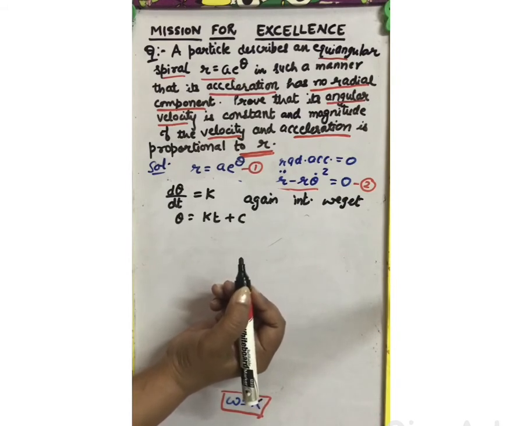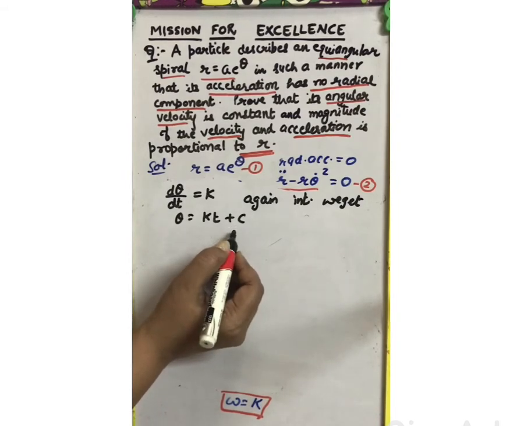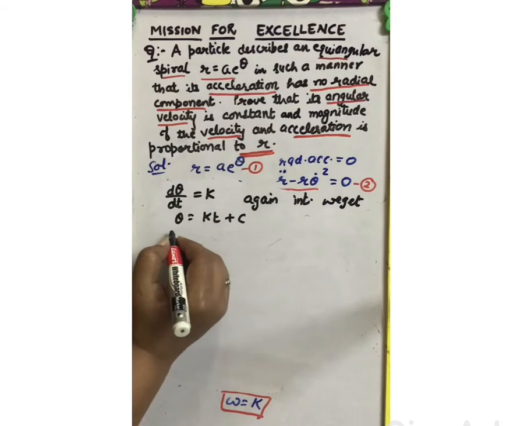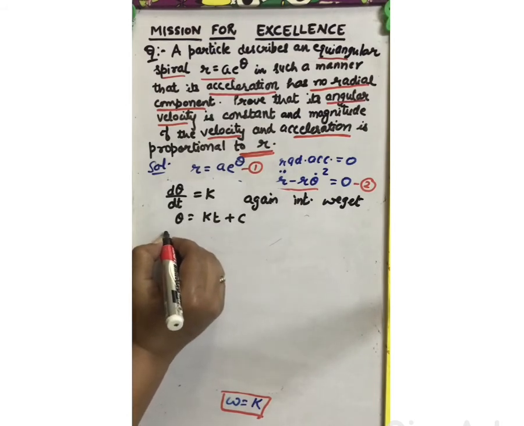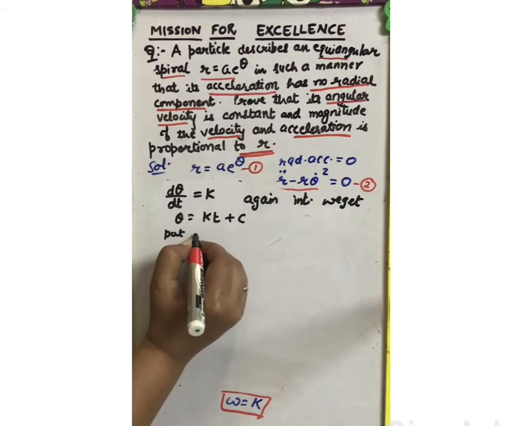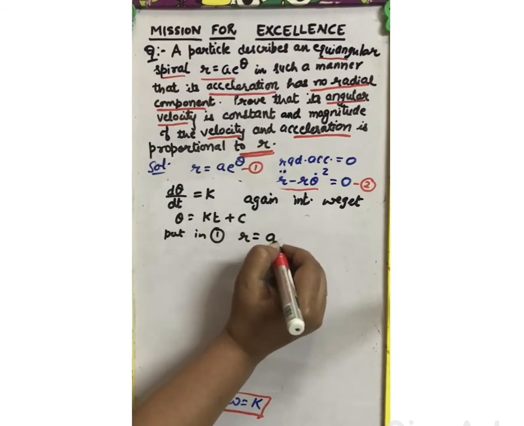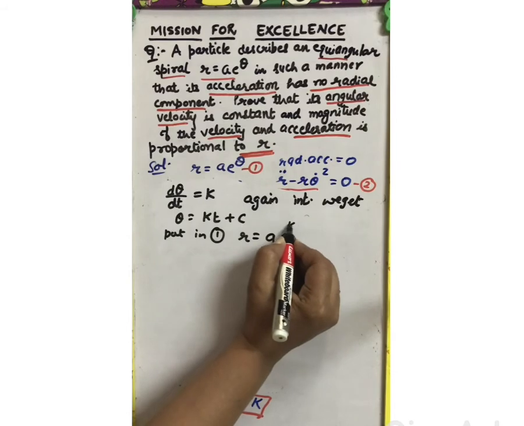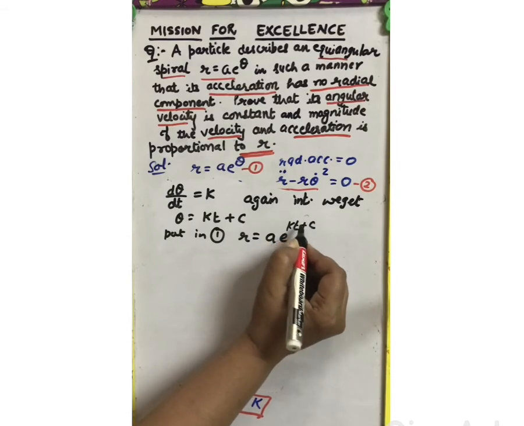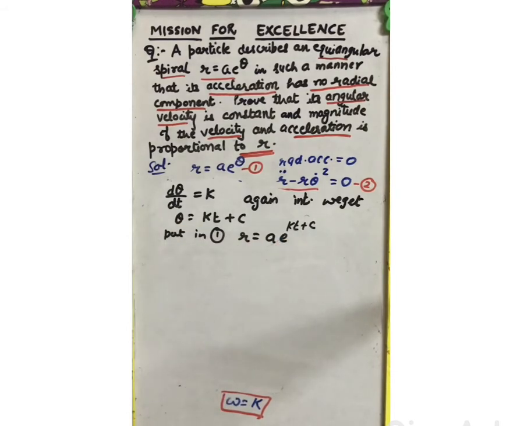So this is the value of theta. Let us put this value of theta in equation 1. So now putting it in equation number 1, we get r as a e raised to power kt plus c. This is the value of r.